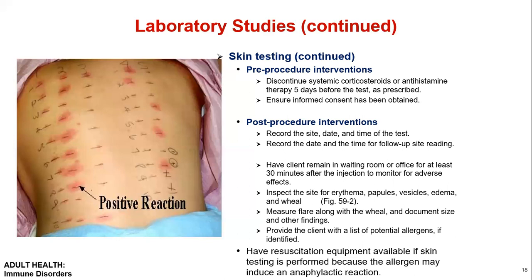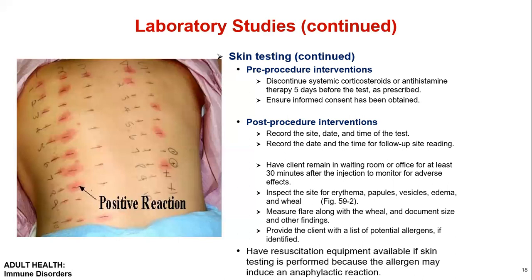We observe develop any kind of adverse or side effect. Inspect the site for erythema, papules, vesicle, edema, or wheal. Also measure the flare around the skin rash, or we should keep the documentation about the skin lesion.